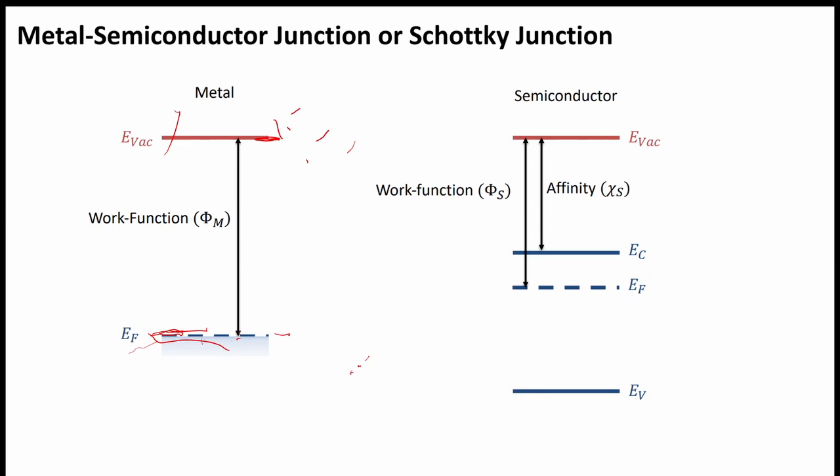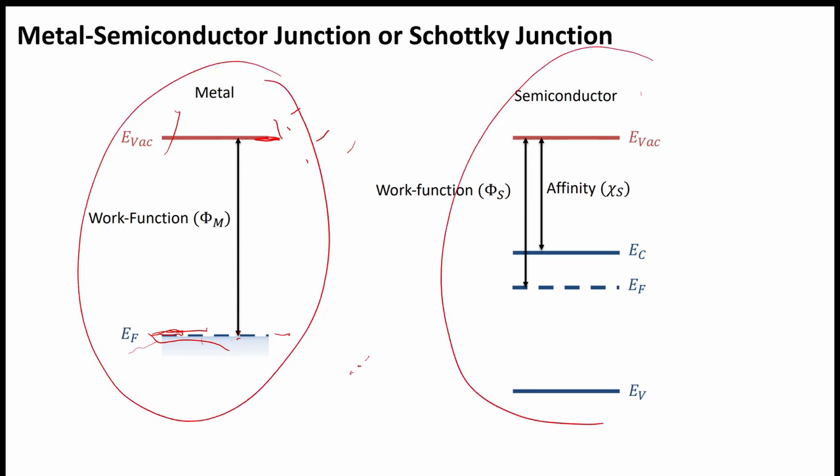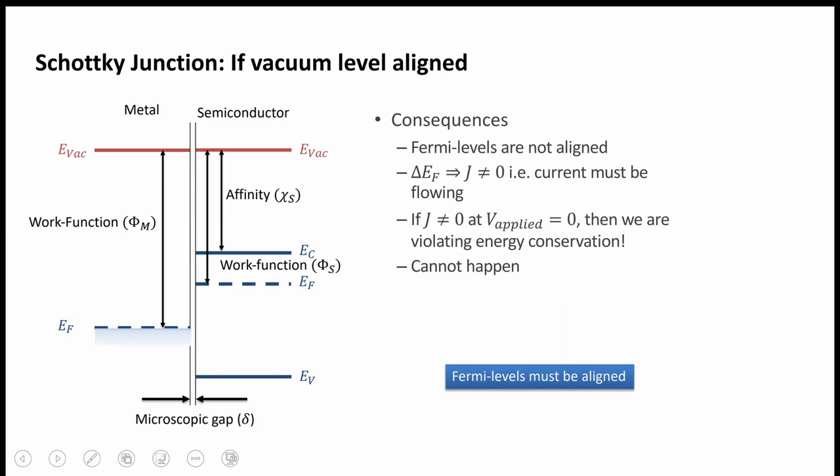Now what will happen if we join this metal and the semiconductor? This is the Fermi level of the semiconductor, and this is the Fermi level of the metal. This is the diagram when we join them together. What will happen now?